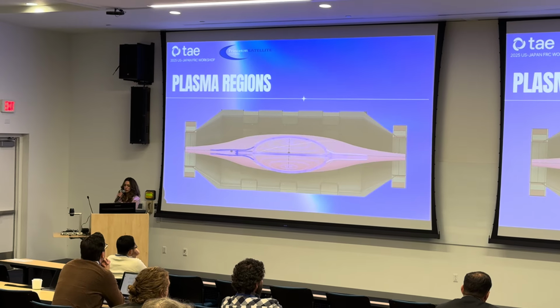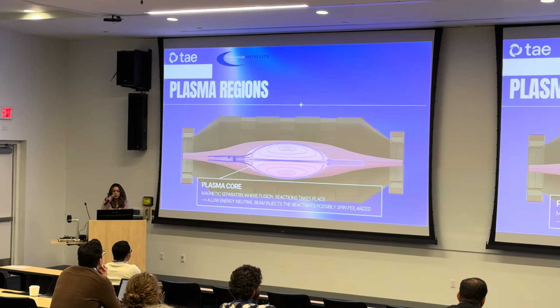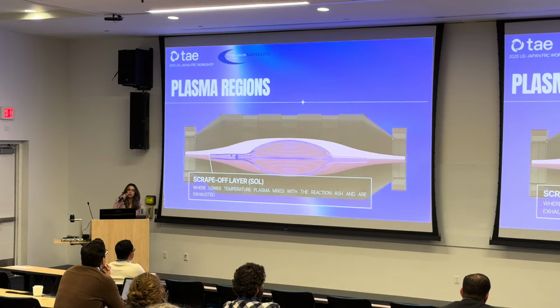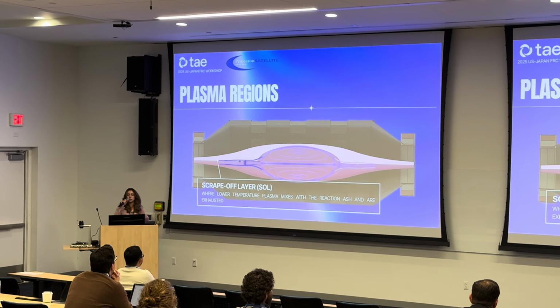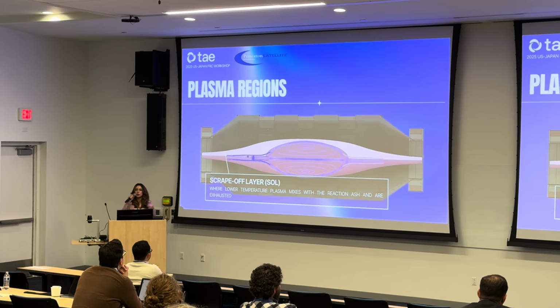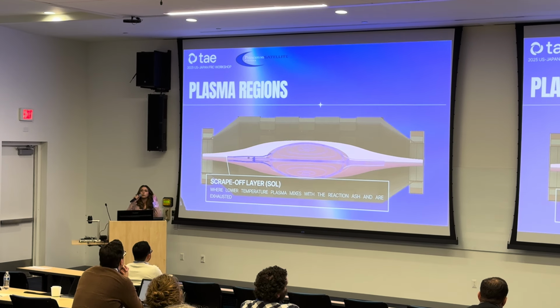So the plasma regions of interest are the plasma core, which is where the fusion reactions take place, and the scrape-off layer, which is where the lower temperature plasma is mixed with ash and exhausted. And this is particularly valuable because we're using deuterium helium-3 fuel.